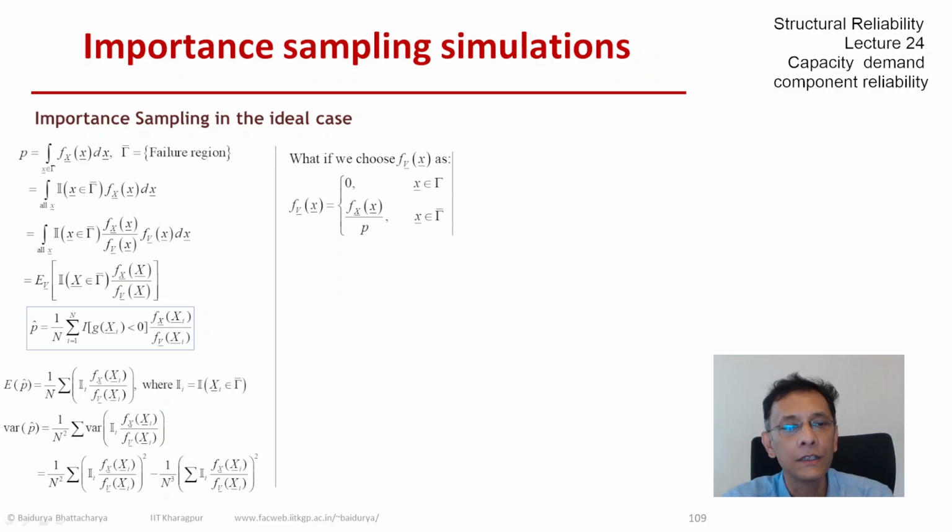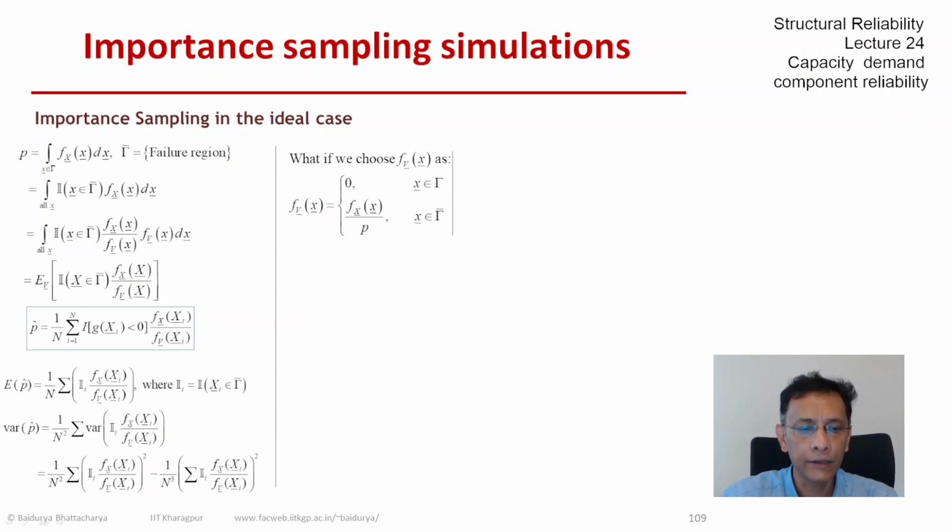In principle I can do this very well because I know the original density function f of x, that's what I start with, and I can always truncate a density, ignore one part, and then enhance the remaining part, amplify it so that the volume or the area under that still equals 1.